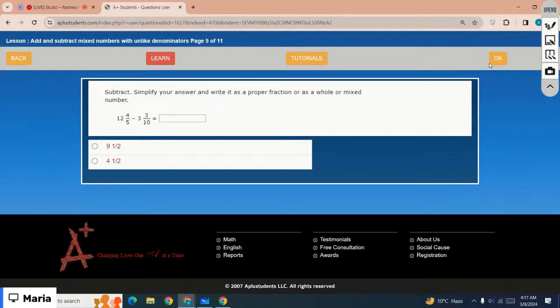12 whole 4 over 5 minus 3 whole 3 over 10. So, which is the correct option? Option 1 or 2?